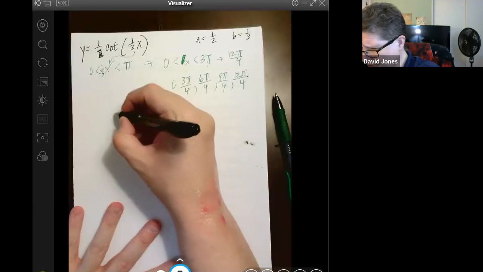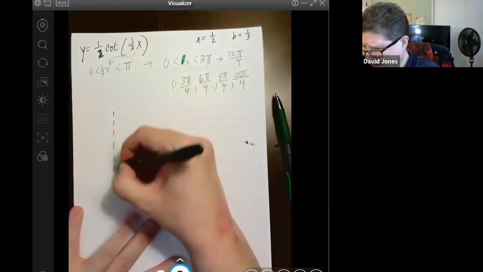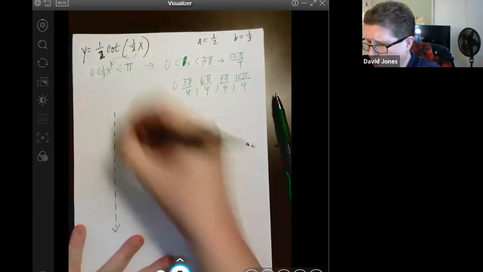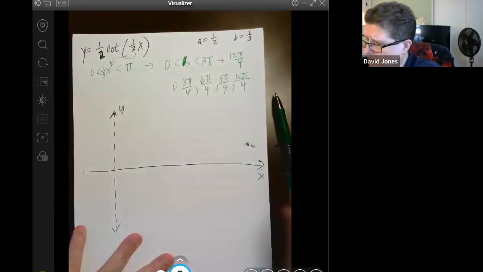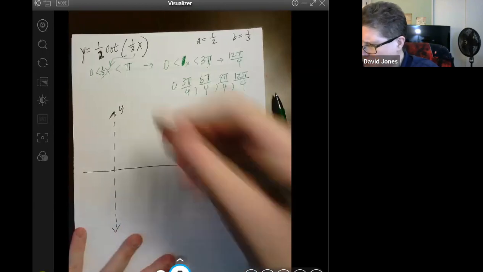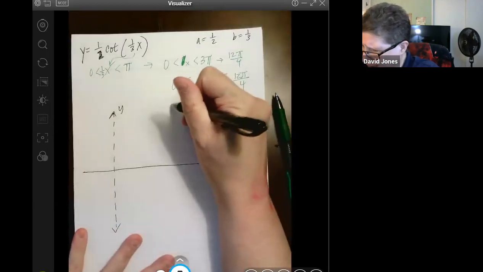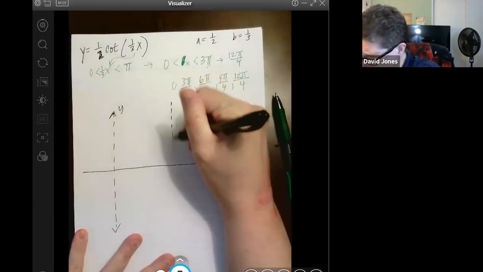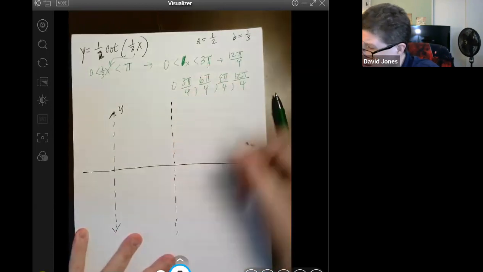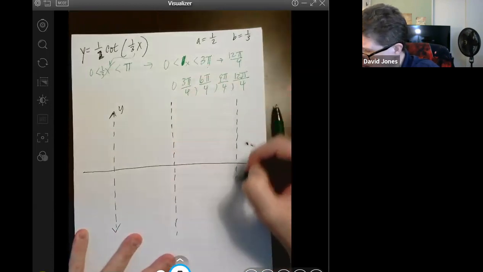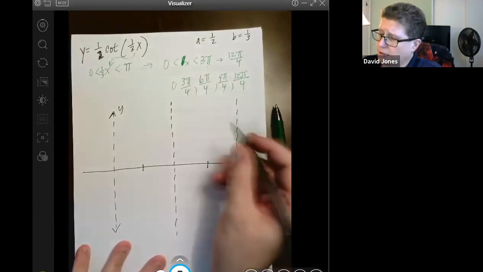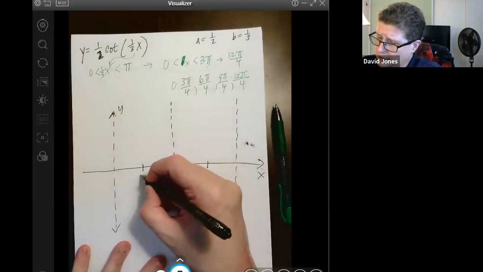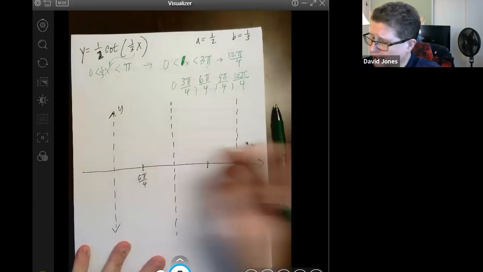So I have an asymptote at 0. So that's my y-axis. And I have asymptotes at every 3 pi. I'll put my 6 pi over 4 there.